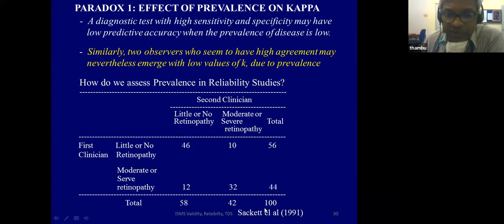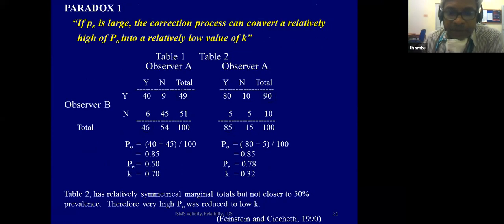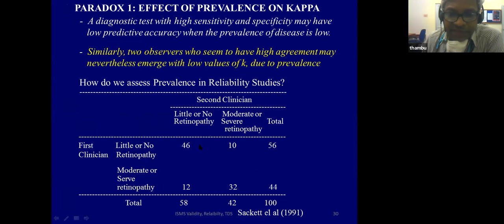Remember this example of 100 people, where two doctors are looking for evidence of diabetic eye damage, which is called retinopathy. This is the same example. Just remember these numbers: 46, 32, 10, 12, 58, 56, 44.